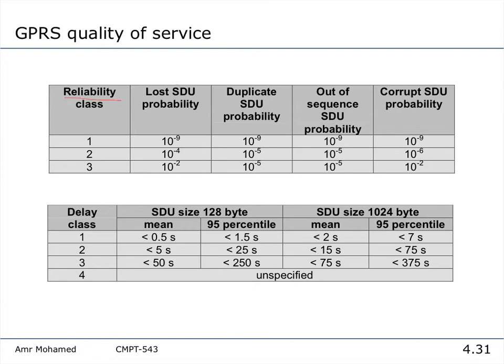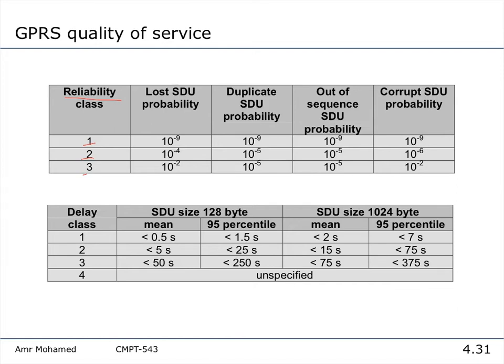You can divide the quality of service as reliability. So GPRS provides coarse level quality of service classes, and the mobile station can be assigned to one of these classes. Okay? So you can have class 1 or class 2 or class 3. So it provides only 3 classes.